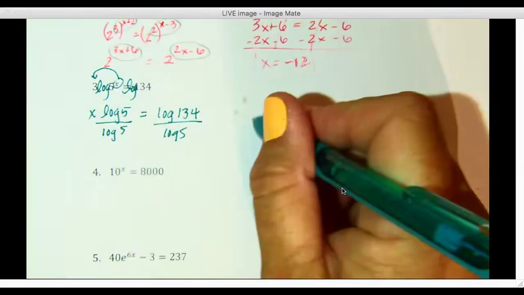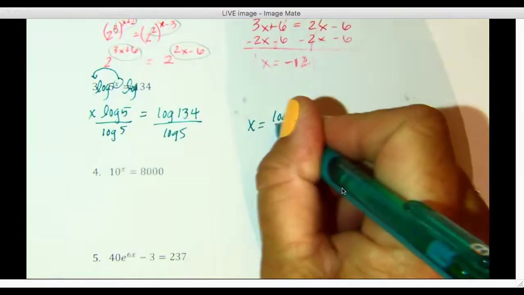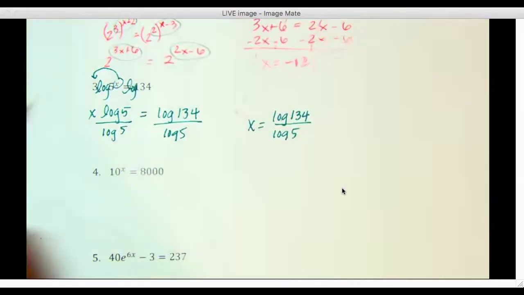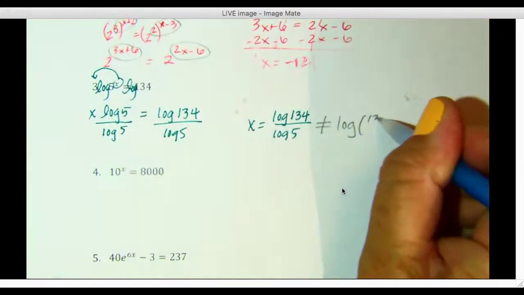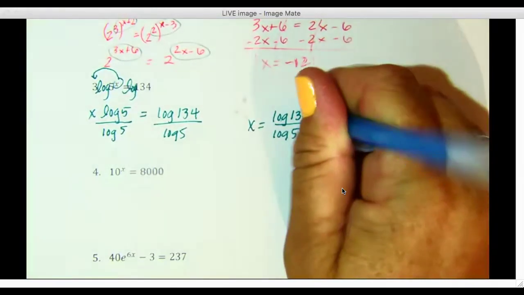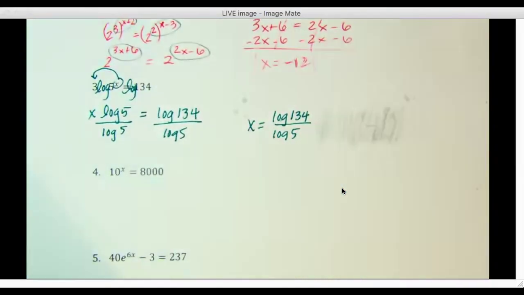So I have x is equal to log of 134 over log of 5. I cannot combine this. This is not equal to log of 134 over 5. I can't put that inside a single logarithm. But what I can do is leave it exactly like what I have right there, and I can go ahead and type that in my calculator and get an approximation.